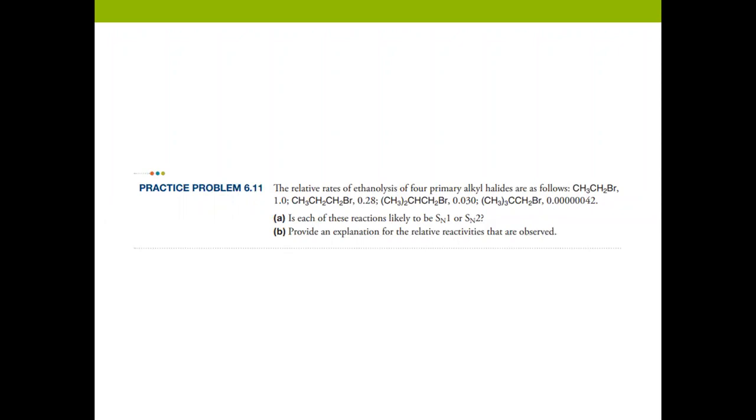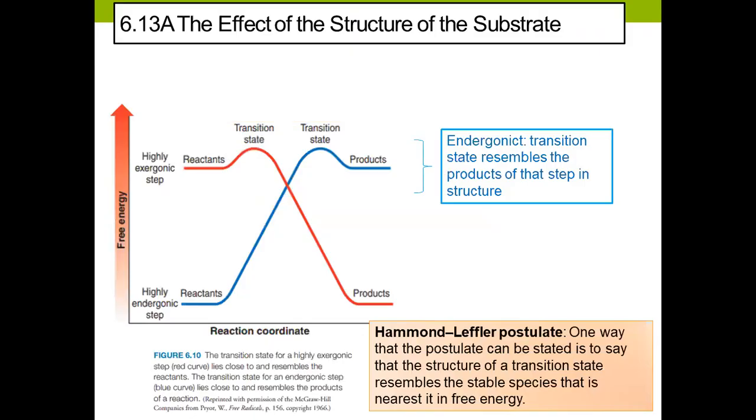Here is the question: the relative rates of ethanolysis of 4 alkyl halides are as follows. CH3CH2Br, that's a 1-degree alkyl halide. The rates of reaction, ethanolysis. So if we say ethanolysis, what is our reactant, or nucleophile? What does this mean? Okay, let's review.